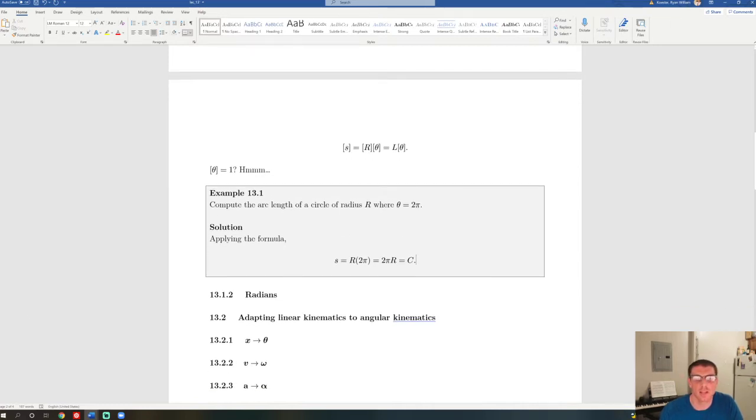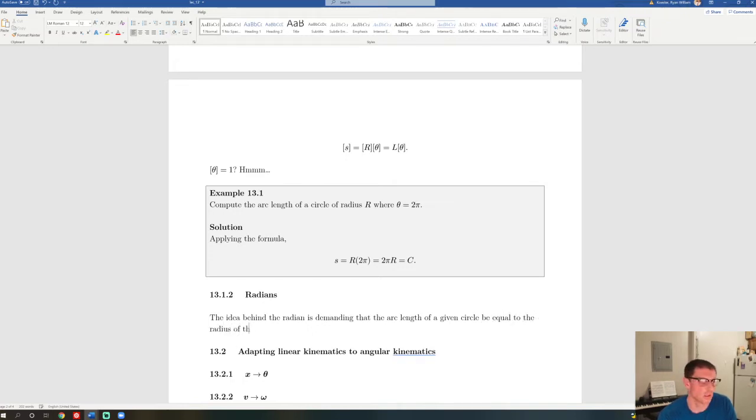So the idea behind the radian is demanding that the arc length of a given circle, because this is for any circle, not just a specific one, be equal to the radius of the circle.